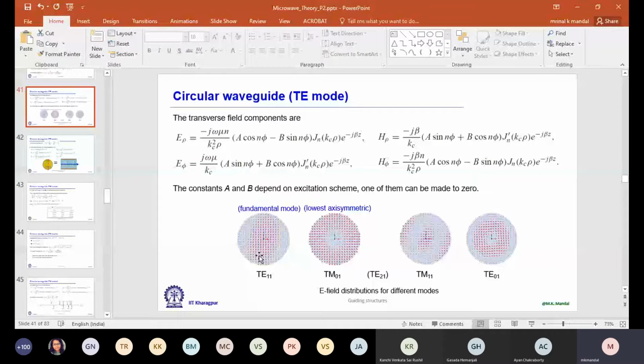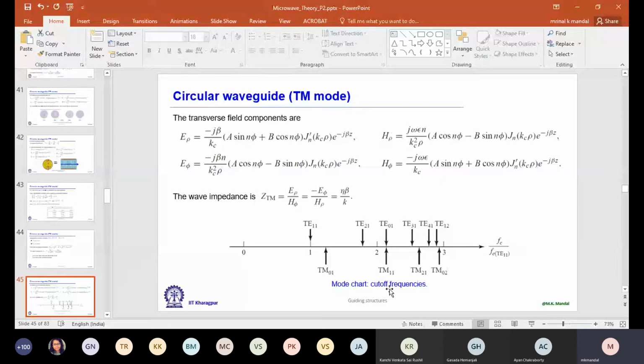So similar to the parallel plate scenario, this TE01 will give you the lowest loss among these four, I said. So among these four, TE01 will give me the lowest loss. But if I use TE01, we have to be very careful because its cutoff frequency is much higher. And it is exactly the same as TM11.